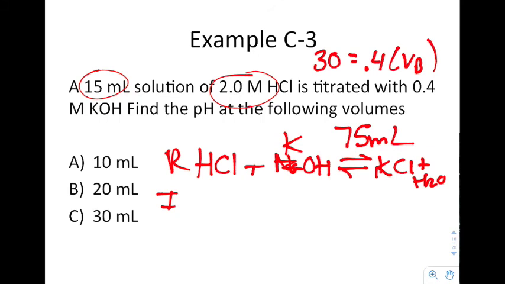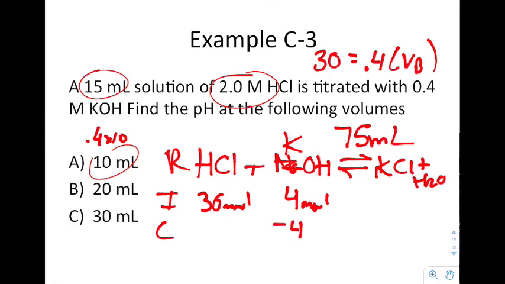The initial value that I have is 30 millimoles of HCl, and for my potassium hydroxide, we didn't figure that out yet, did we? Oh yeah, because we have 10 mils. So 0.4 times 10, I initially have 4 millimoles of KOH. Now, you can clearly see which one is the limiting reactant. It's going to be the KOH. So as a result, you lose all 4 of those.